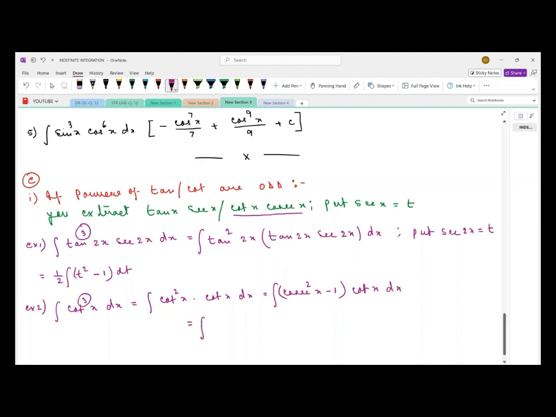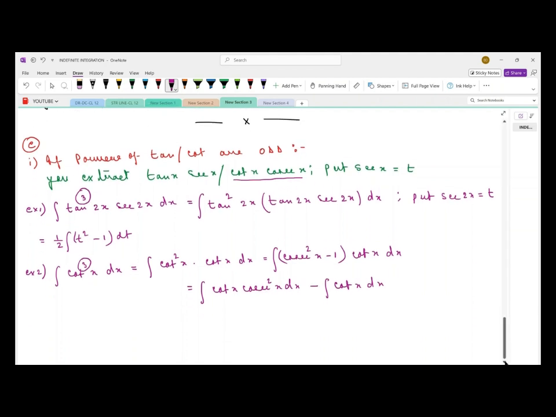So ultimately you have integration cot x cosec square x dx minus integration cot x dx. The second part you have a direct special formula.